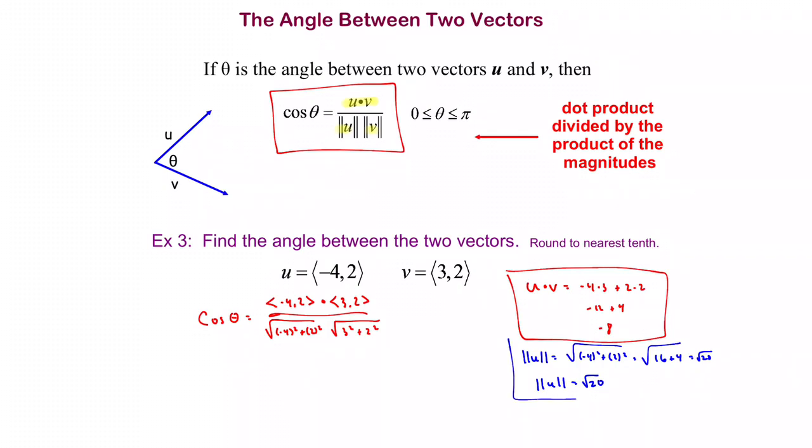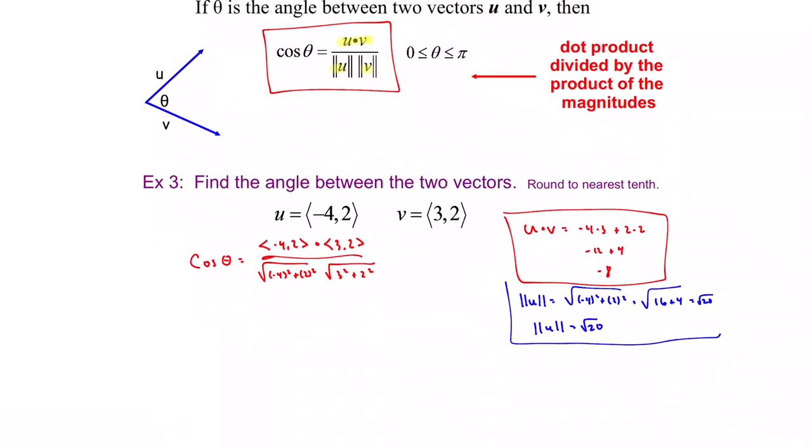And so that's the next thing that we needed. And then now we need to find the magnitude of vector v. So that would be the square root of 3 squared plus 2 squared, which is 9 and 4. So that's the square root of 13. So that's the third piece of the information that we're looking at.